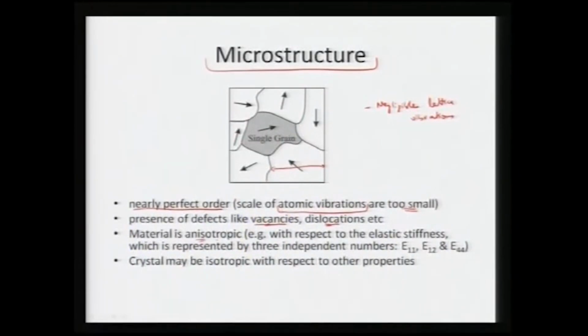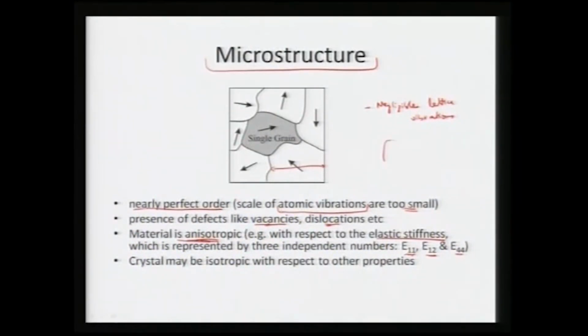The material is anisotropic within a single grain, because we get different properties, like elastic stiffnesses along C11, C12, C44, which are very different. The material is anisotropic because we have different elastic moduli, elastic stiffnesses, along different planes or different perspectives. So, the material becomes anisotropic; it has certain directionality.